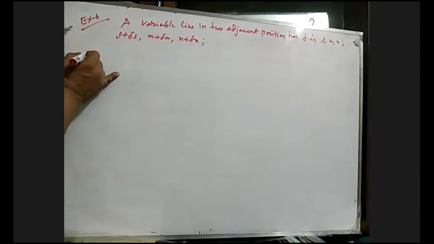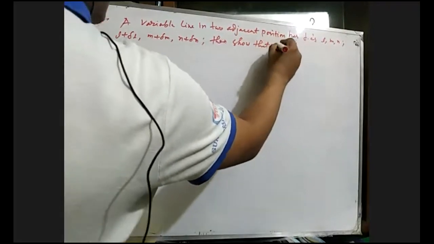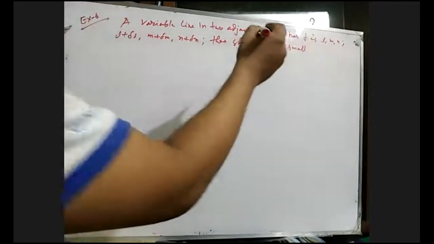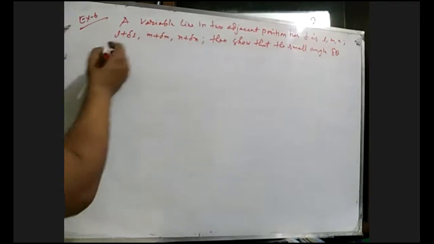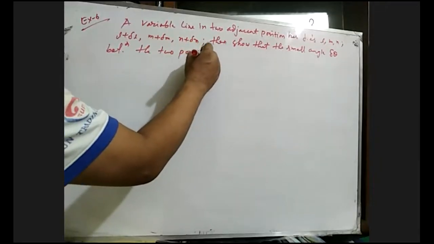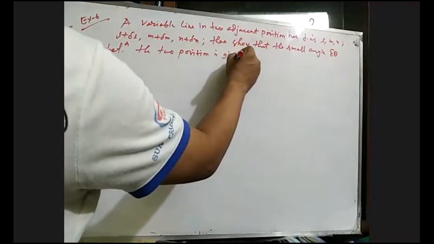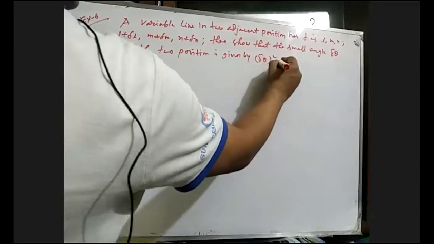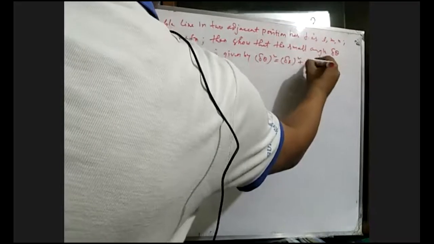Then show that the small angle del theta between the two positions is given by del theta whole square equals to del L whole square plus del M whole square plus del N whole square. We have to prove this condition.